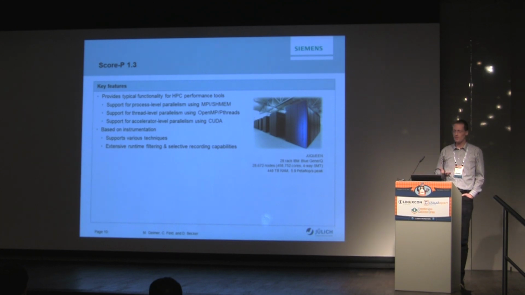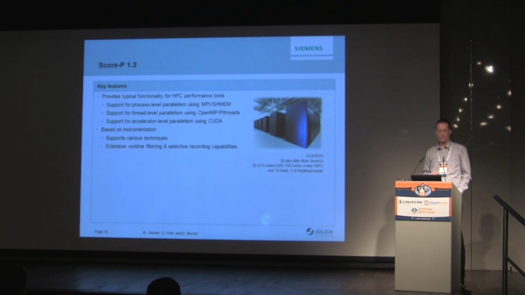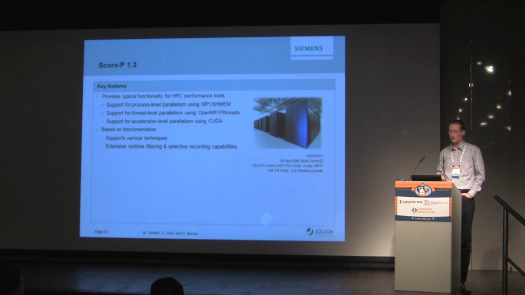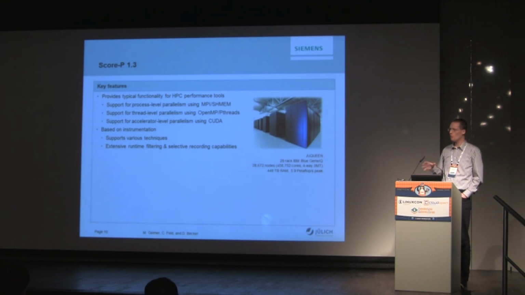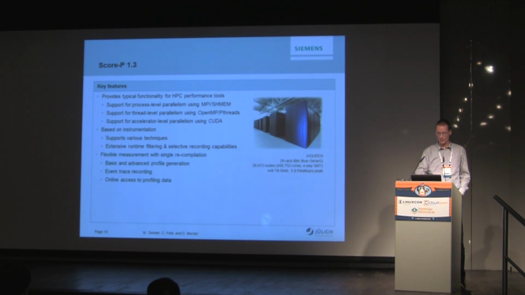Score-P 1.3 is based on instrumentation. Here we support a number of different techniques, and we provide extensive runtime filtering and selective recording capabilities. So you really have many choices to reduce the amount of data that you're capturing, to really focus on the parts that are interesting for your particular application.